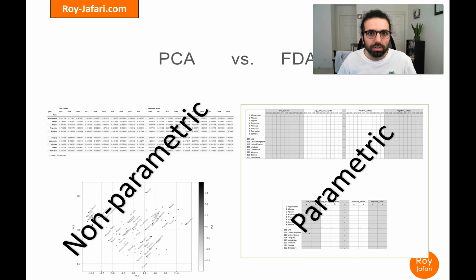Let's say if we do clustering analysis and we see these, we can use those as a way to understand different clusters. But if we were to use PCA, what we would be seeing is just some capsules of variation, some containers of variance, and they don't have any meaning, and that's why they are non-parametric. That's why ever since we started learning about PCA, I kept talking about PCA as a non-parametric method, and FDA is a parametric method.